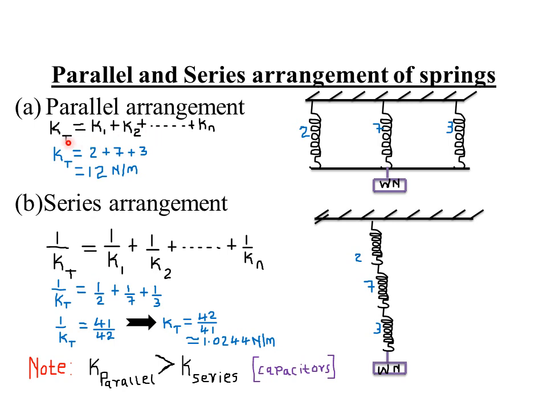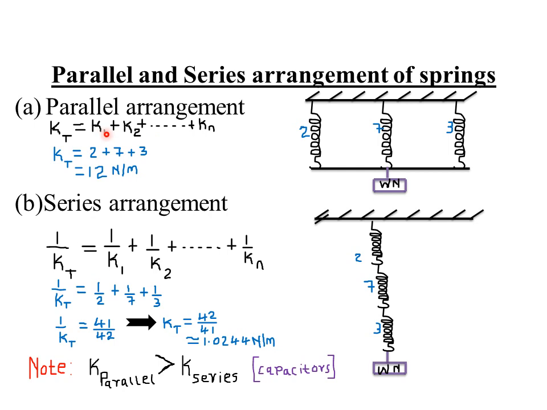If you want to find the total spring constant for n number of springs, then K total will be equal to the spring constant of the first spring plus the spring constant of the second spring plus whichever number of springs you are using, up to the spring constant of the nth, which is the last spring.